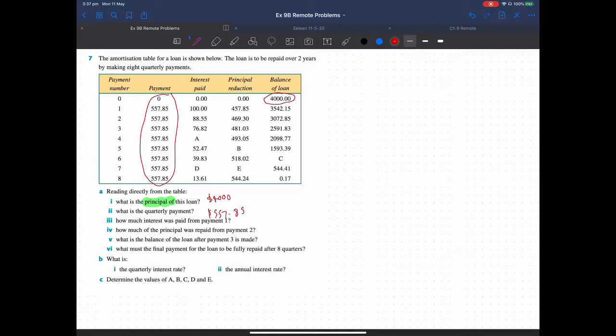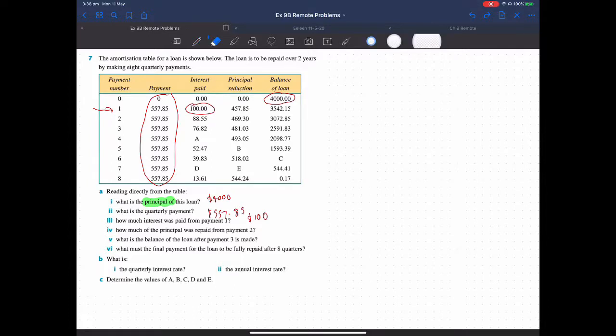Part 3 of the question says, how much interest was paid from payment 1? So if we look across from payment 1, you will see interest paid $100. For part 4, it says how much of the principal was repaid for payment 2.